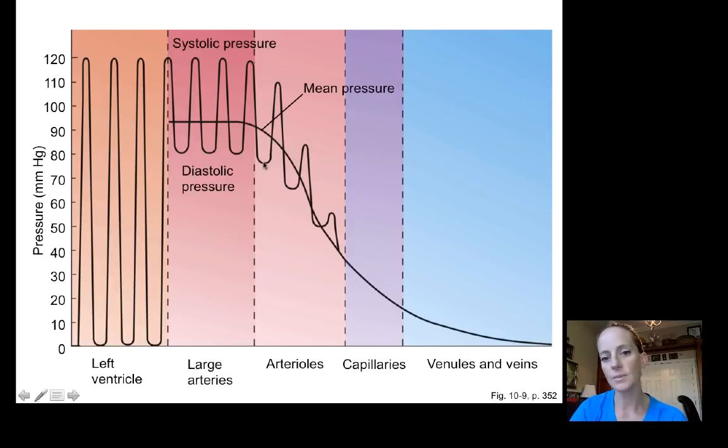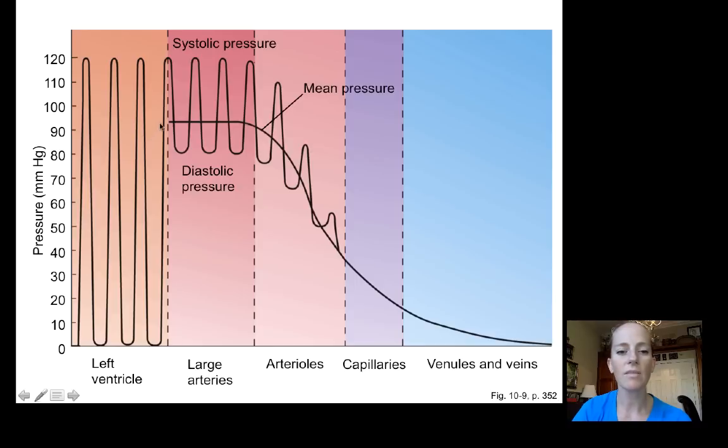And then you can see as we get down to the other vessels, the arterioles, the capillaries, the venules, and the veins, the pressure goes down. So in the arterioles, we have more fluctuation, but as we get further and further away from the heart, the pressure goes down and the fluctuations disappear.